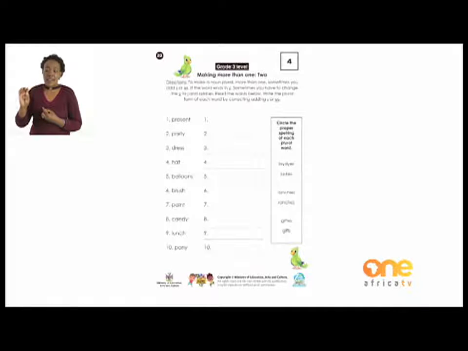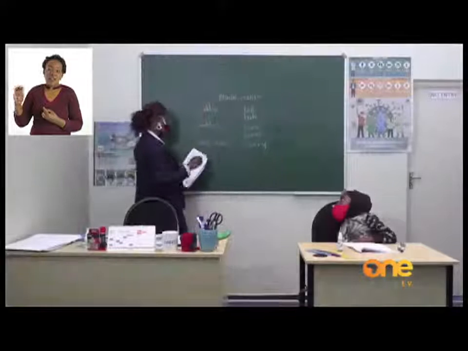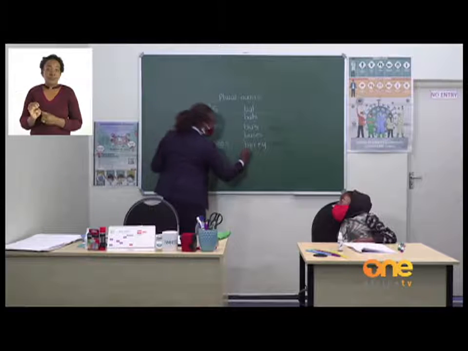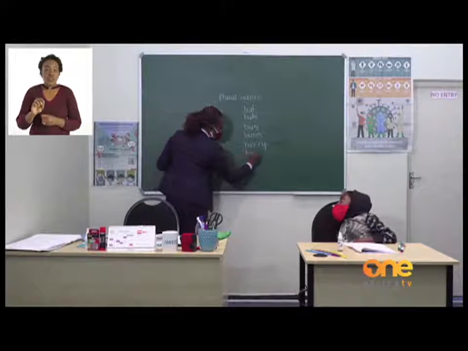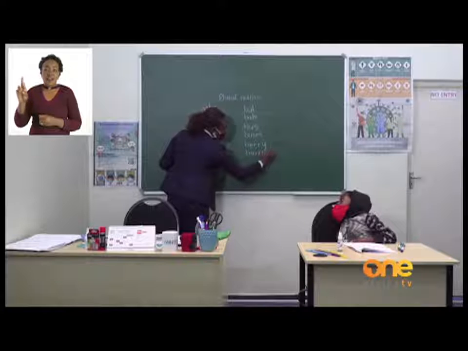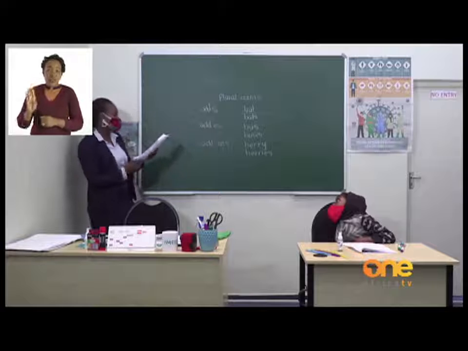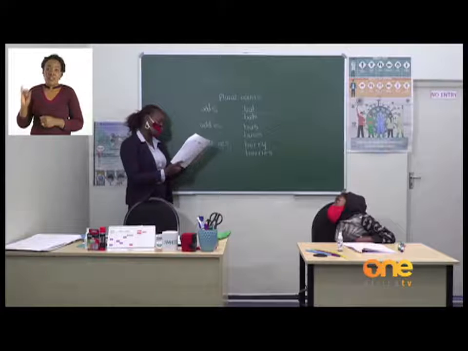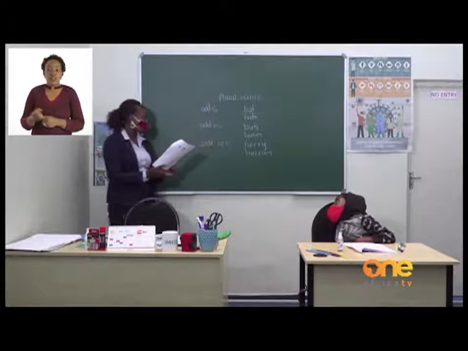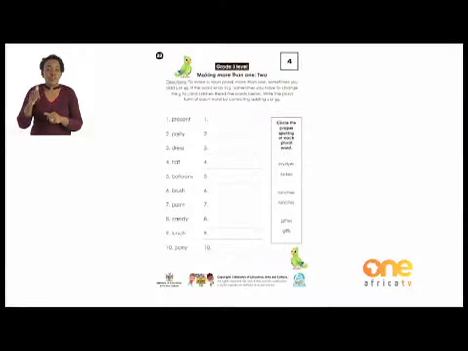This is berry. What do we do here? We write berries. Okay. So I want you to go through the words given or the nouns given and change them to plural nouns. So you do from number 1 up to 10.